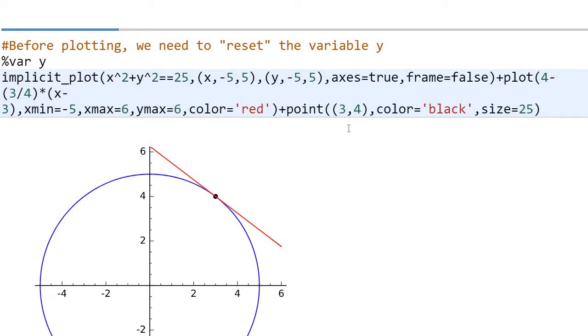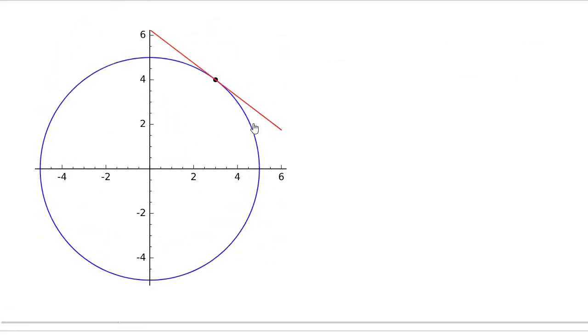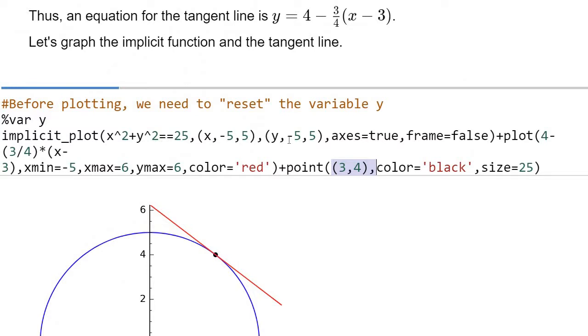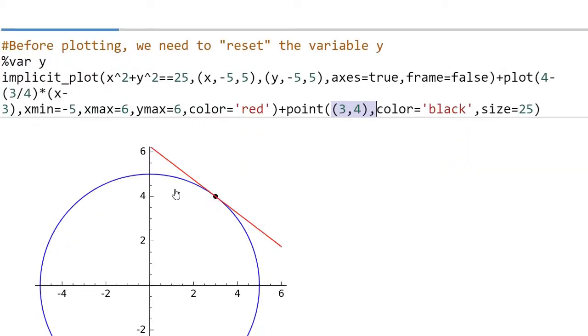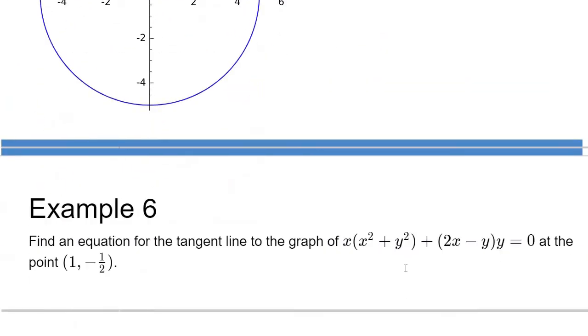I put the color red. I added a point here at (3, 4), the point of tangency, this black dot, just so you can see that's where it's tangent. And if you were to zoom in on this graph by changing these plot ranges on both the implicit plot and the plot of the tangent line, you would see that this line would very closely match the circle near (3, 4).